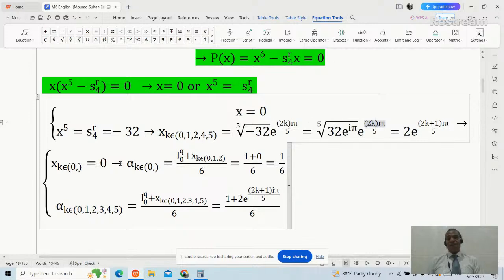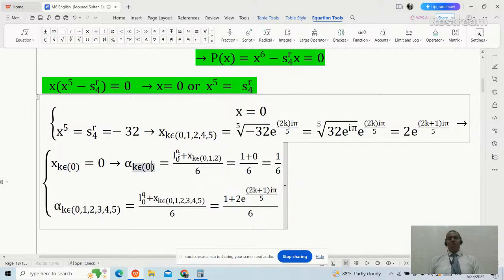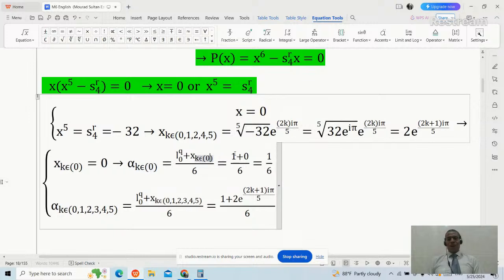And in order to find the value, here we found xk. Therefore alpha, let's say with k equal to 0, is exactly 1 over 6 to the power of... plus x0 over 6, which is equal to 1, because it is 1 plus 0 over 6. So the first root is that, which is a real number. Now I will continue looking for the other roots.